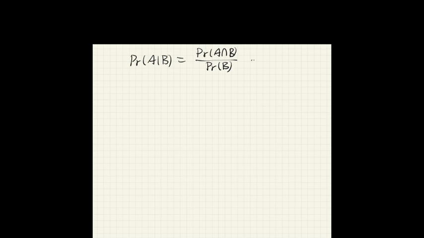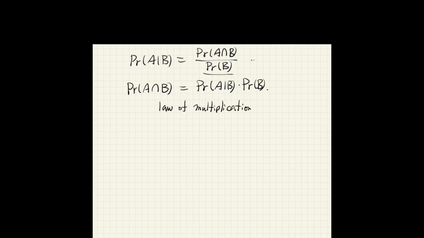So just multiply both sides by the probability of B. Then we have the probability of A intersection B is equal to the probability of A given B times the probability of B. Okay, sometimes we call this the law of multiplication of probabilities.